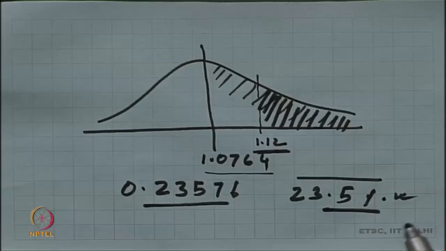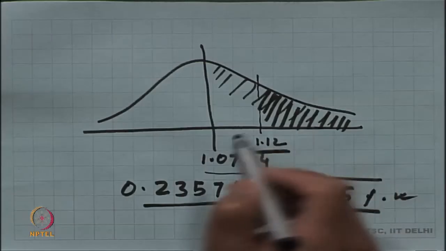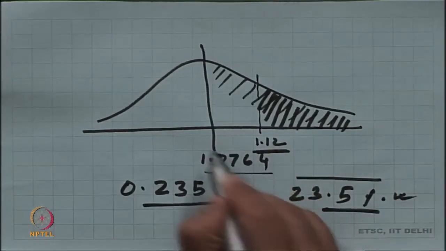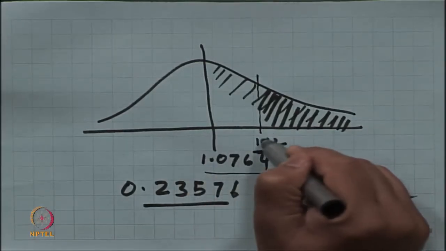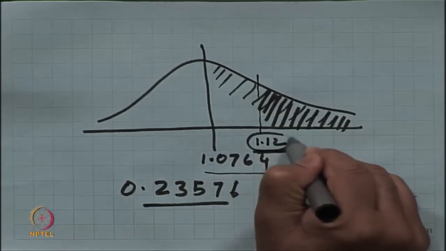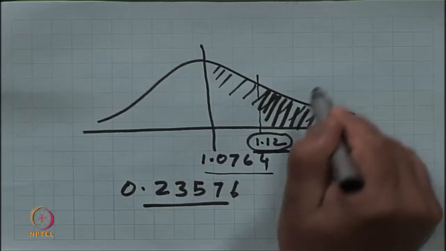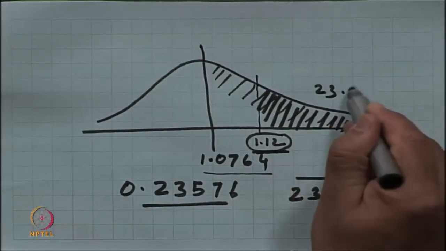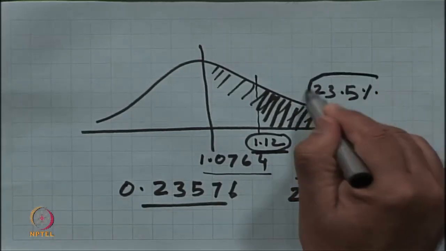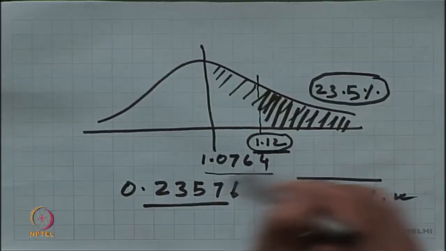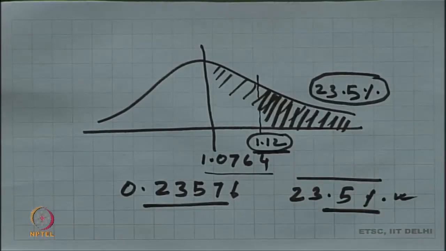You can see here, this is how you can calculate. 1.0764 was the mean value here, and I am looking for the probability corresponding to x of 1.12. So, it would be less than 50%. So, 23.5% is the value I got to beat this competitor at 12% markup.